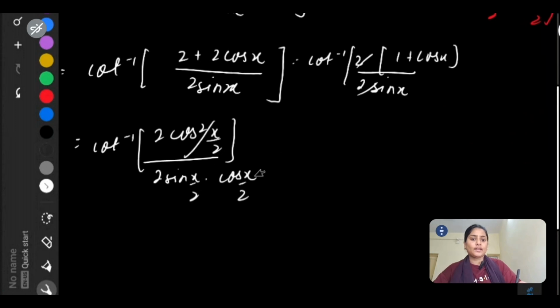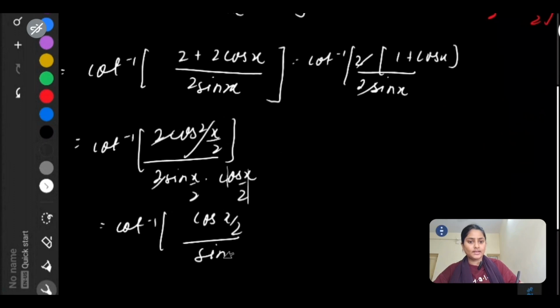We have a square here, we can cut one cos x by 2 from here. So now we'll get cot inverse, and the 2 cancels with 2. So we get cos x by 2 upon sine x by 2.